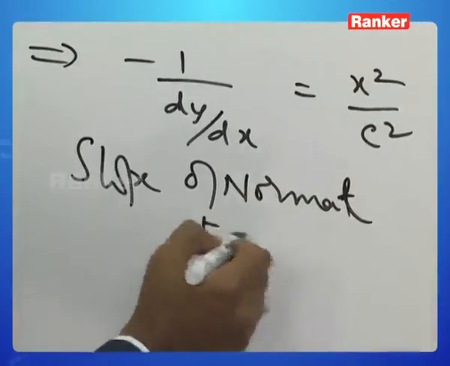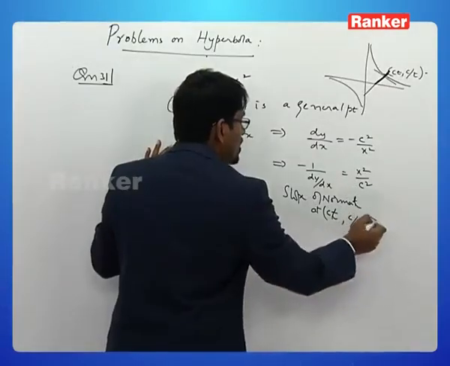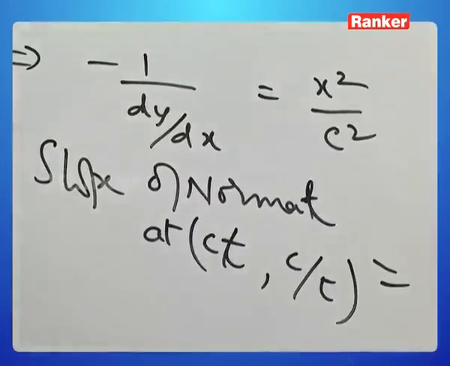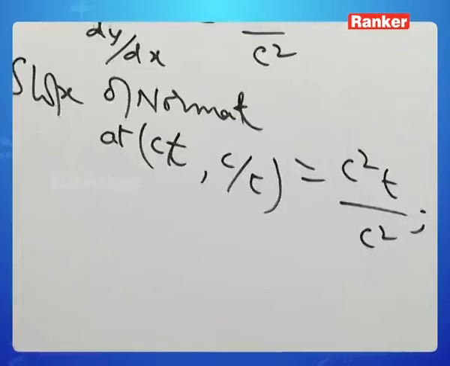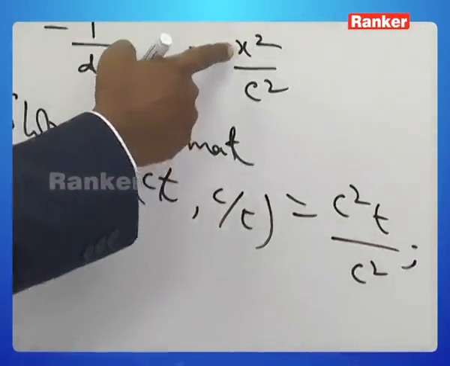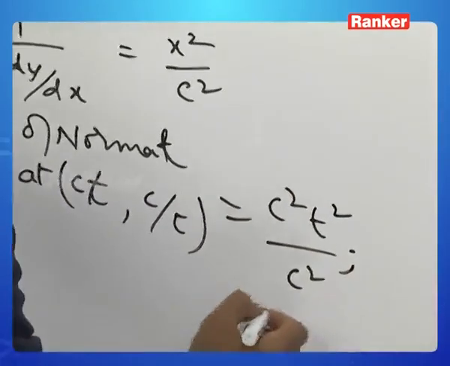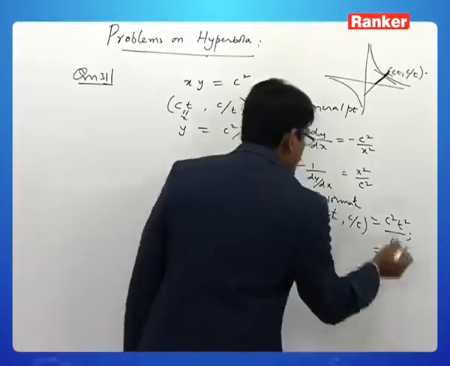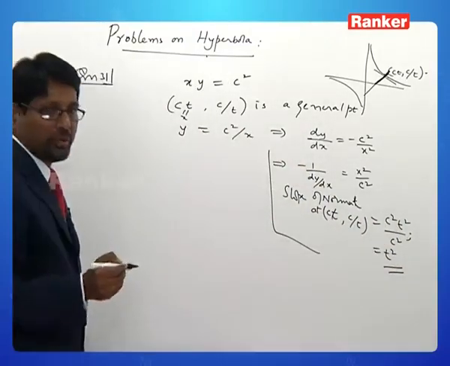The slope of the normal at ct comma c by t, so instead of x, let's write ct, is c square t square by c square. That makes it t square. Now therefore the slope of the normal is t square there.